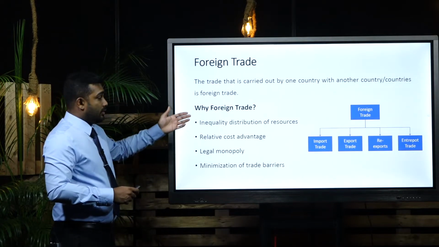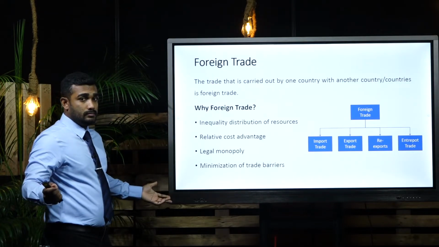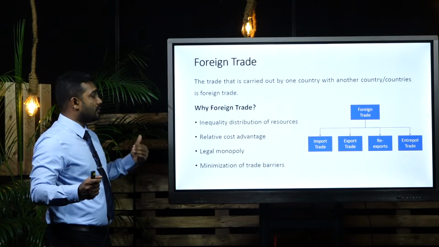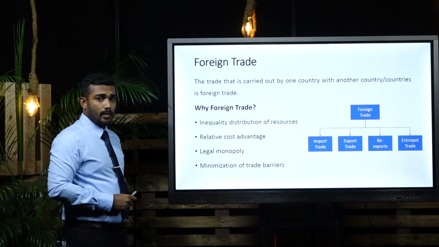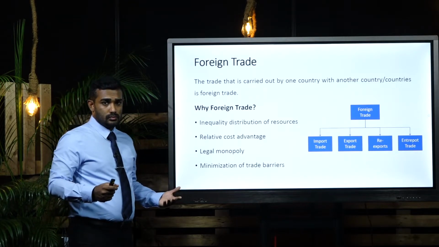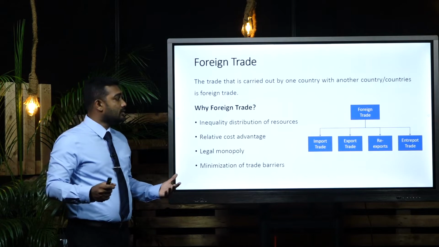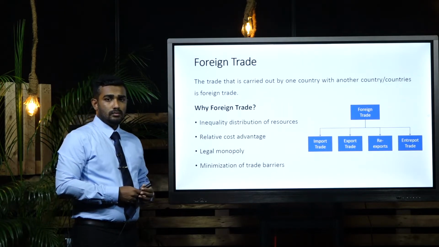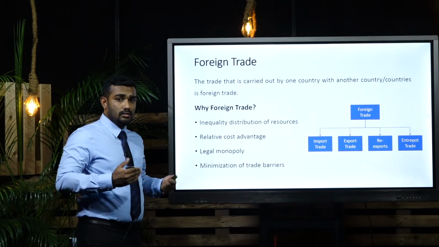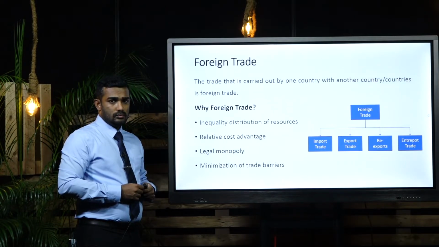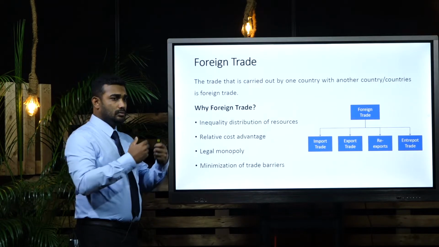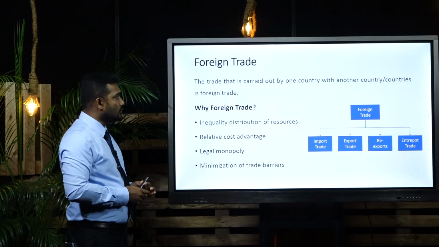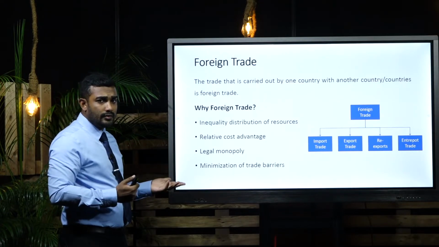So important thing, why foreign trade? Why does a country have to go for foreign trade? What are the reasons? Now you know that for a country to sustain, to be successful, they have to engage with foreign trade.